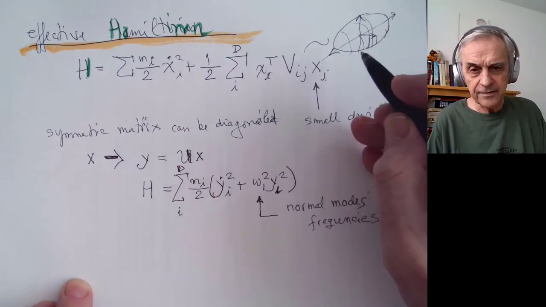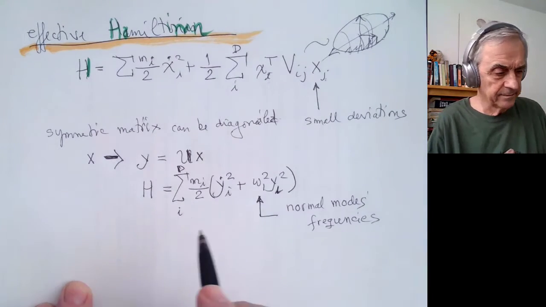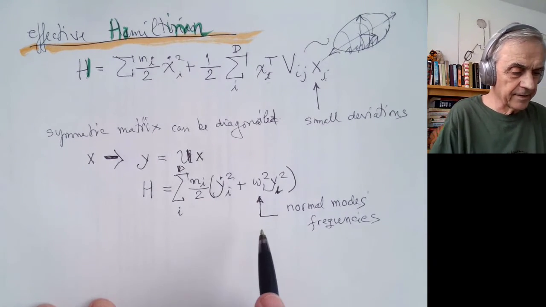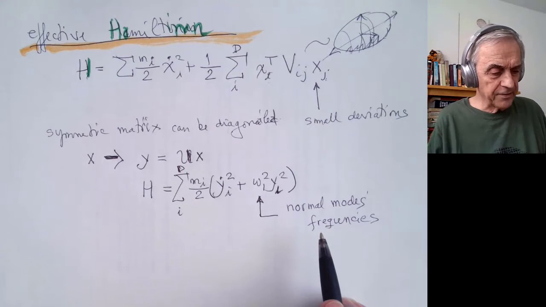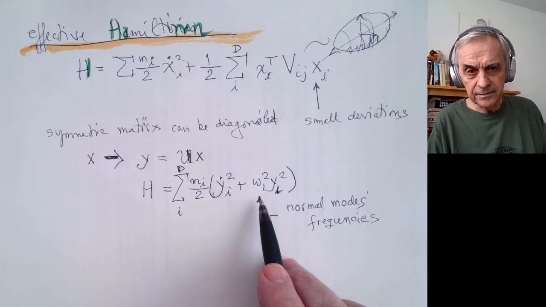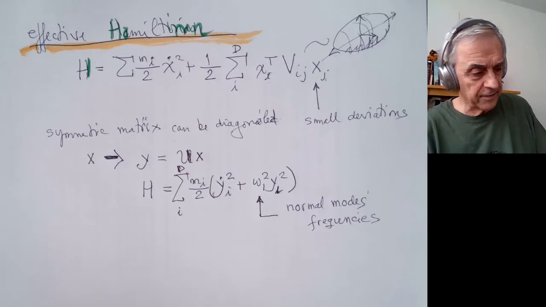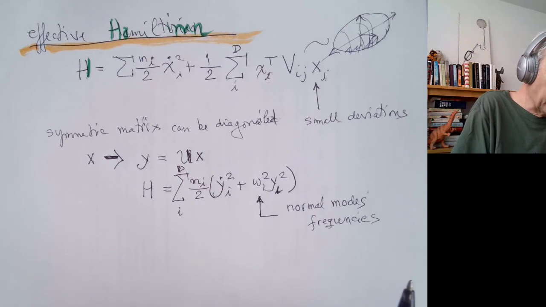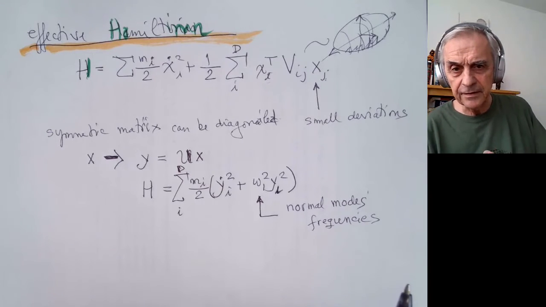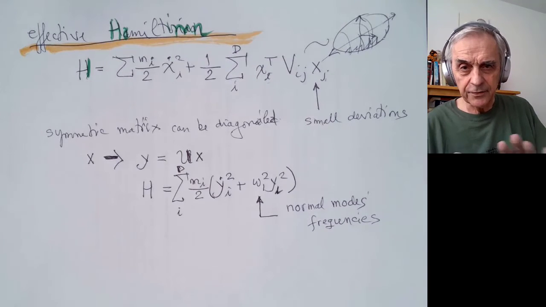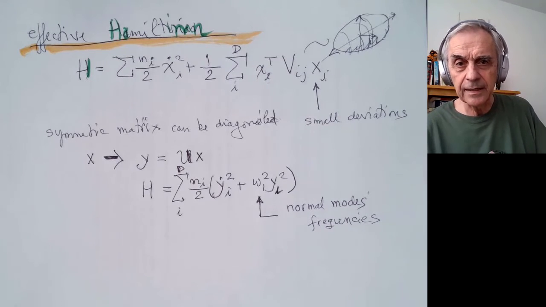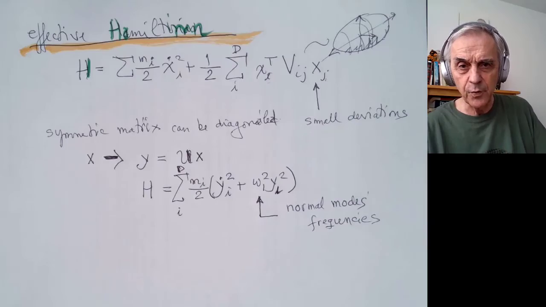Each one of them has its velocity, and it has its displacement, which is now what we have already derived before, called an eigenvector. And the number in here can be interpreted as a frequency. This is totally general for any classical Hamiltonian that's smooth around its bottom.